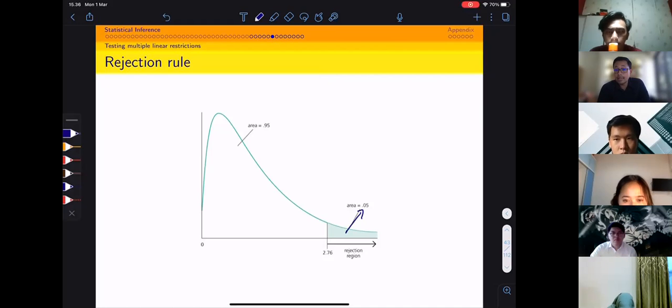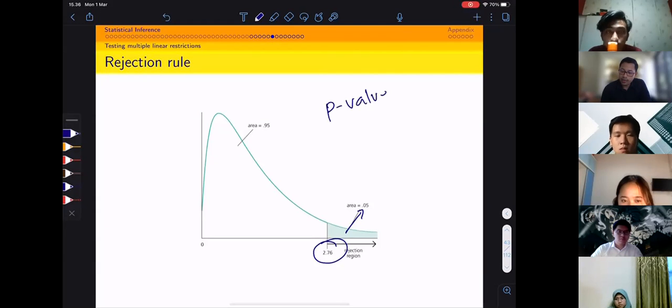It's a one-sided test. If you have an F statistic that is higher than the critical value, then you reject the null hypothesis. You can also use the p-value, which is valid. If the p-value is lower than the significance level, then you can reject the null hypothesis.